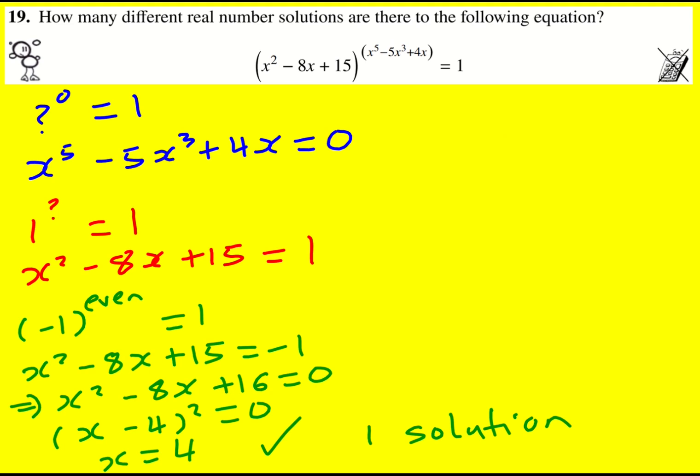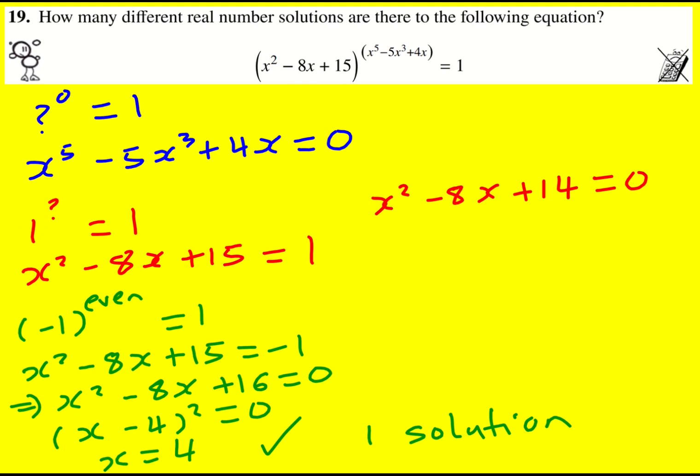Right, next up, I'm going to take a look at this one. I've got a bit of space here, so it's going to be x squared minus 8x plus 14 is equal to 0. Now this doesn't factorize easily, and all I'm really interested in is the number of real solutions.